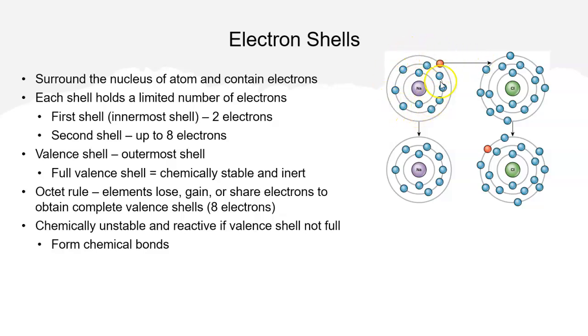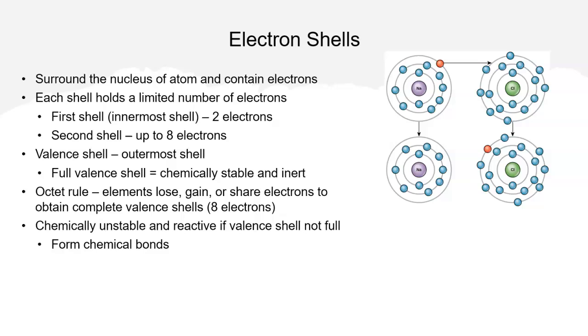Oh, now sodium has its valence shell full because there's number 2 there, full with 8. Chlorine has its valence shell full because it stole that one from sodium, and now that gives a valence shell of 8 electrons over here. Oh, well, that is going to do something really cool, and that's going to allow a chemical bond to form.